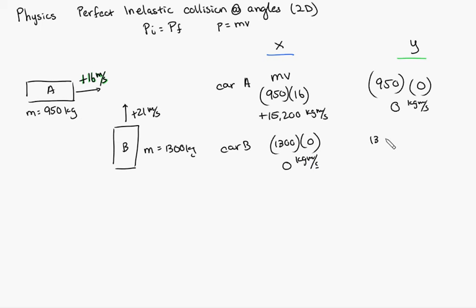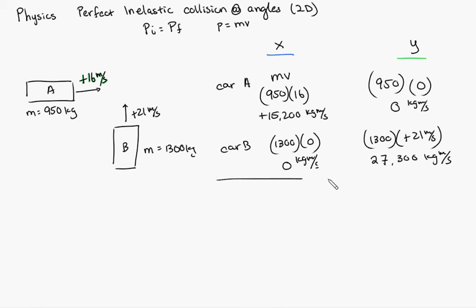So 1,300 kilograms times positive 21 meters per second, and you get 27,300 kilogram meters per second. So for car A, all of its momentum is in x. For car B, all of it is in y.